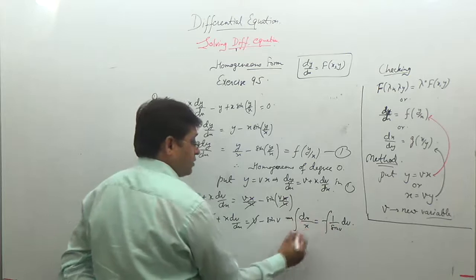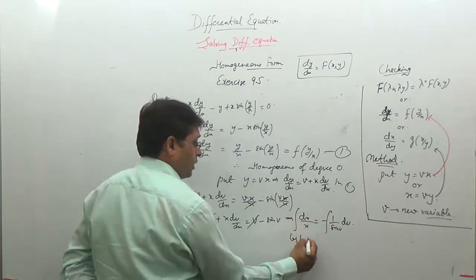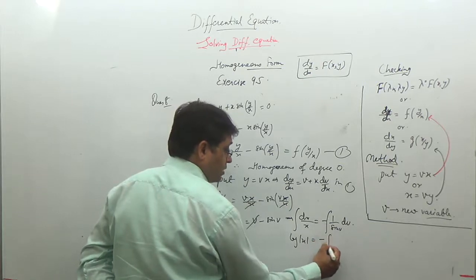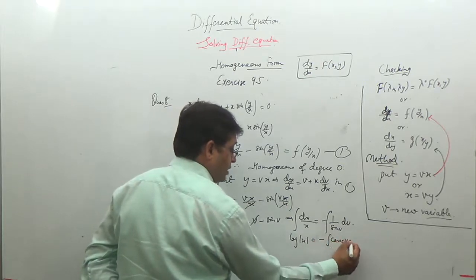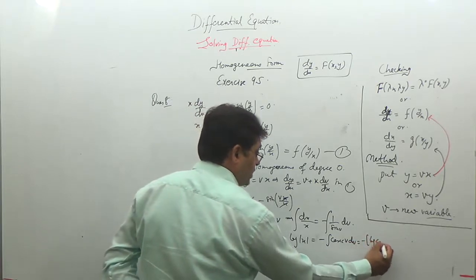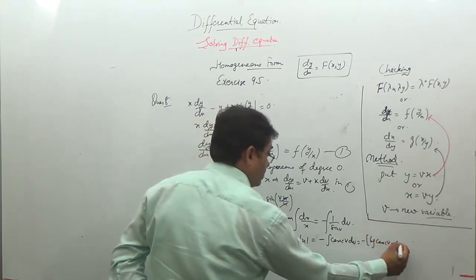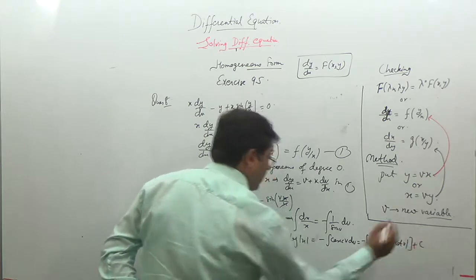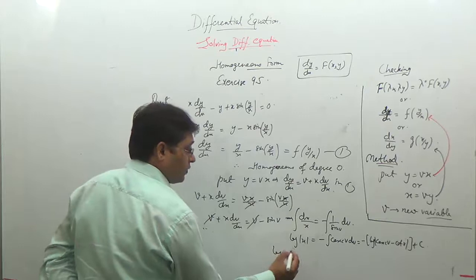Then integrate the terms. Log of mod x is equal to minus integral cosecant v, which is minus of log of cosecant v minus cot v plus a constant c. Now substitute the value.